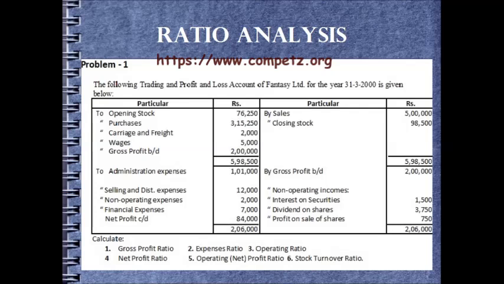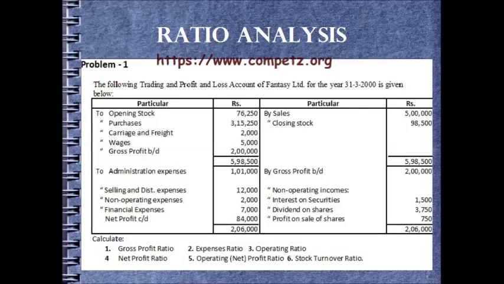Further, in the subclassification group, there are mainly five ratios: liquidity ratio, profitability ratio, solvency ratio, turnover ratio, and overall profitability ratios. Today in our session we will start ratio analysis problems classified on the basis of the income or revenue statement.